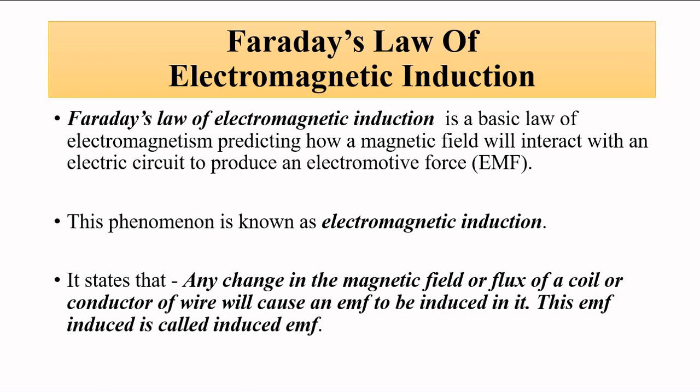So Faraday's law of electromagnetic induction is a basic law in electromagnetism which relates the EMF, or electric potential, which is generated, to the change in magnetic flux linking with a conductor or coil.